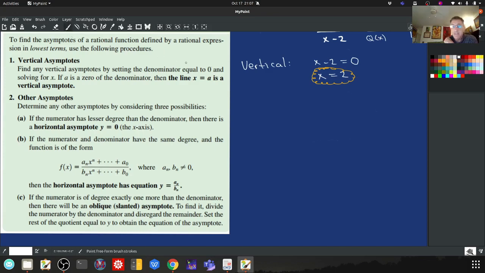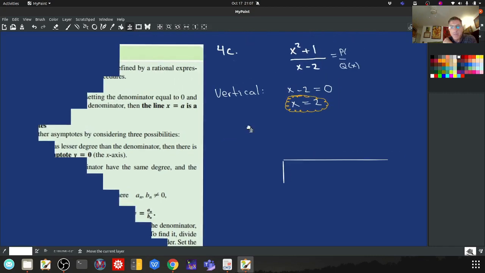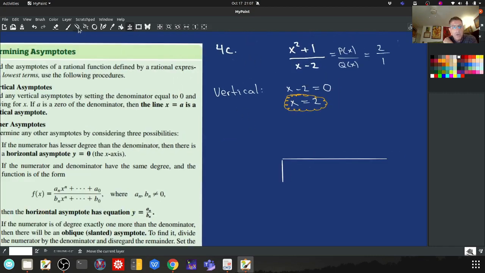This is going to be an easy one, especially after some of the divisions I did in the last optional one. So we're going to divide the numerator by the denominator. The x squared plus 1 is our numerator.